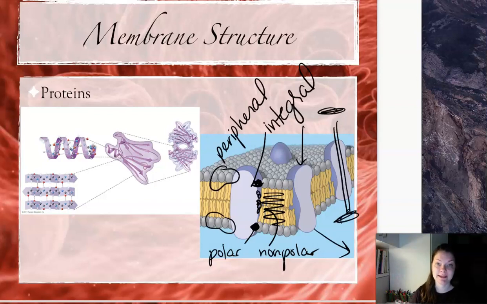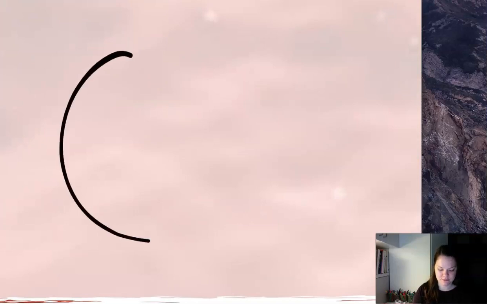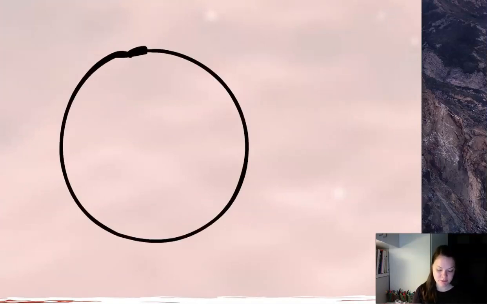A little bit of a COVID link here for you. The proteins that are on the cell membranes are also going to be really important for recognizing different viruses and bacteria and other invaders into our bodies. So if we were to kind of zoom in and let's pretend that this is our cell, the cell membrane is the black line, just pretend it's 2 layers thick, and we've got these little proteins kind of all up in here, embedded in here, and they do a whole bunch of different things that are based on being able to communicate and develop into the certain type of cell that it is.